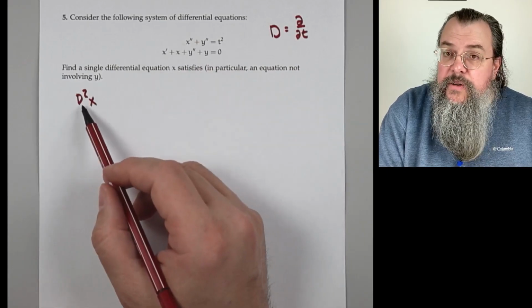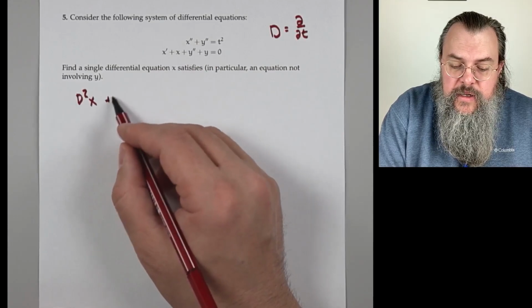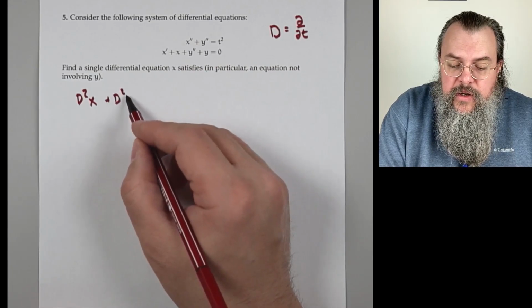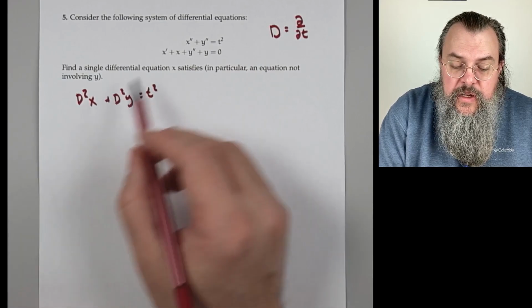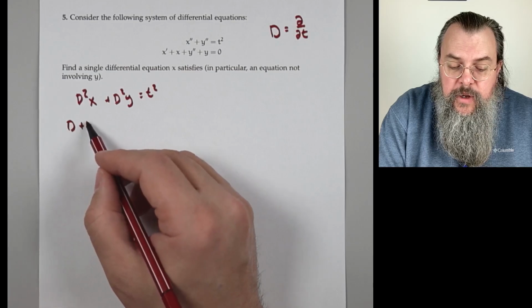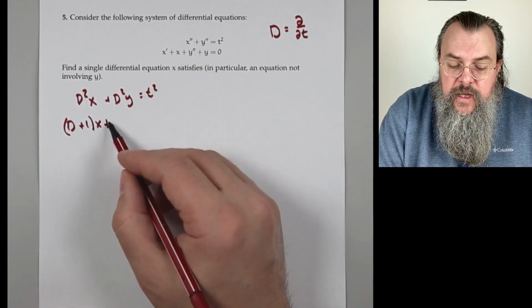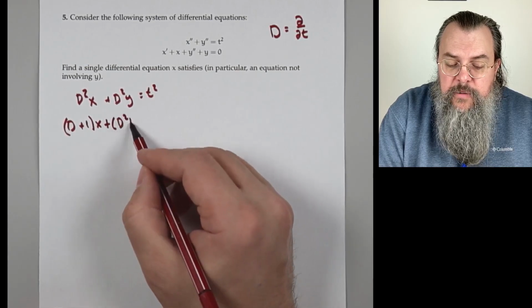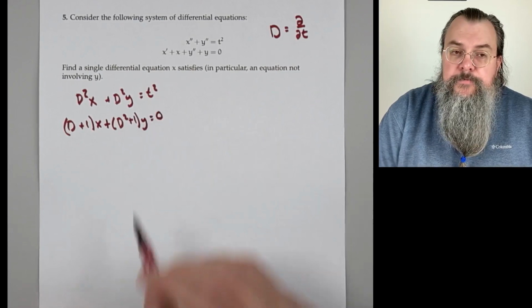So D tells you how many derivatives. So second derivative, D squared. And then D squared y is equal to t squared. Then here we'll get a D times x and a 1 times x. So D plus 1 times x. And here we'll get a D squared plus 1 times y equals 0.